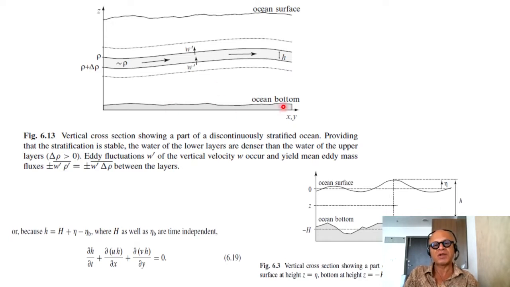We have again the ocean bottom and the ocean surface, neither of which are flat, and in between we typically have a very strongly stratified ocean where temperature and salinity together determine the density stratification, and you have constant density layers varying, let's say, between rho and rho plus delta rho, with varying thickness h, which have the ability to have density changes created by what are called diapycnal fluxes.